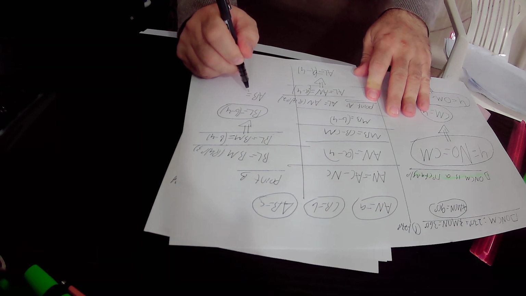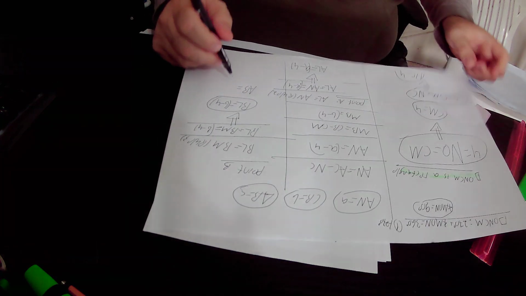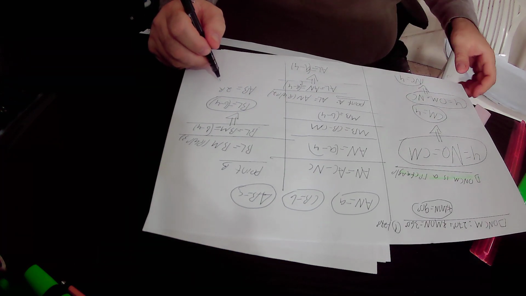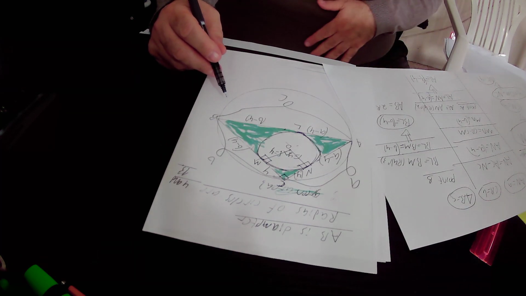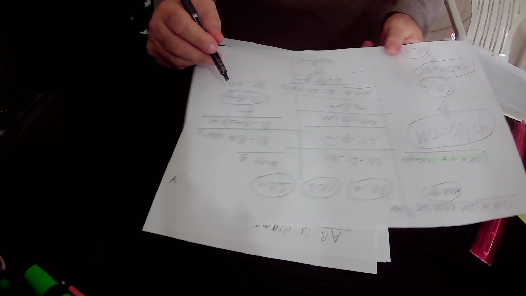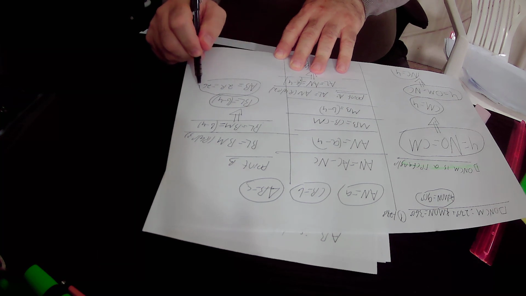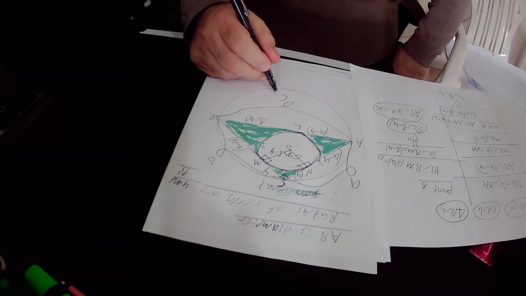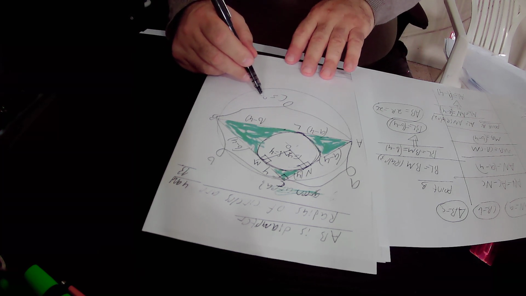So if the radius of this circle equals capital R, then the diameter will be equal to 2 times capital R. It is given that capital R, the radius of the big circle, equals 13 units. So 2 times 13 is 26. That is to say, the diameter of the circle AB equals 26 units. So we can write here that C, the diameter of the circle, equals 26 units.